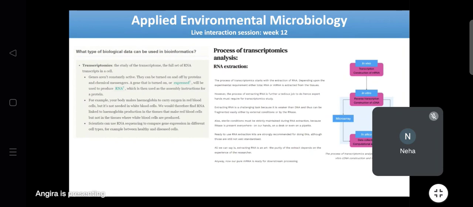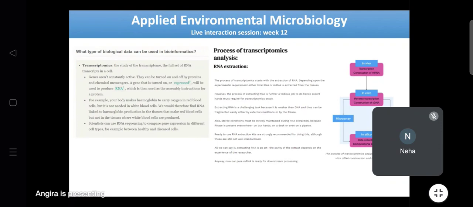Now, when a gene is turned on, as you all know, it is expressed, and therefore that gene will produce an RNA which will finally manifest itself into a protein. So basically the RNA will get translated and therefore produce a protein.